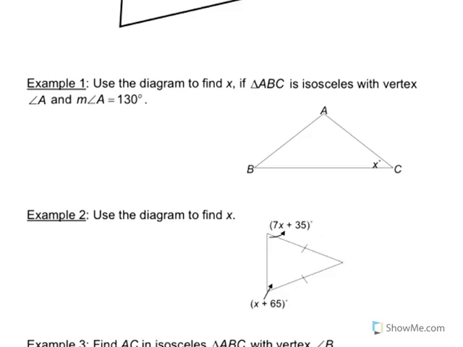Okay, so let's fill in what we know. Here is vertex A, and since this is an isosceles triangle, we know that AB is congruent with AC, and we're told that the measure of angle A is 130 degrees.